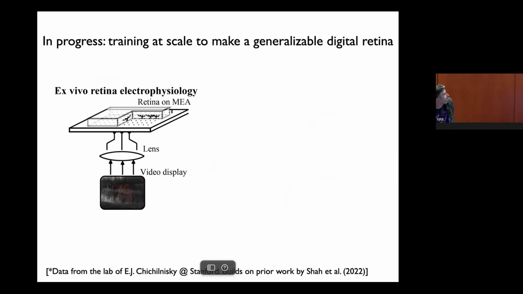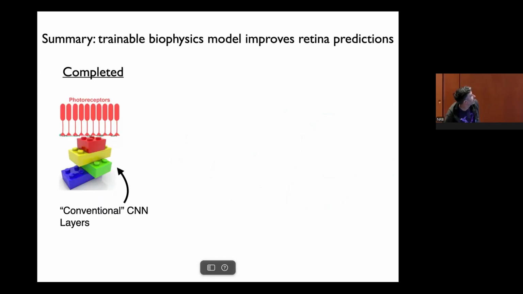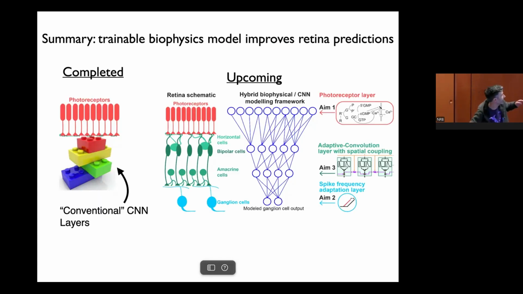Okay, I'll talk about some other stuff in a sec, but I want to emphasize a higher level point that didn't make it into the slide deck, which is I think the same approach could probably be applied elsewhere in neuroscience. What I'm hoping to do in the next small number of years is replace all of this with biophysics models to have a real trainable digital retina that has all the right cell types in it.